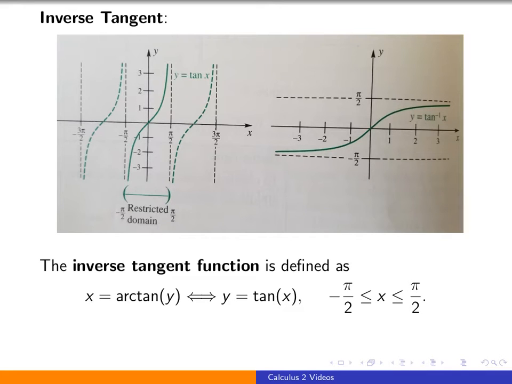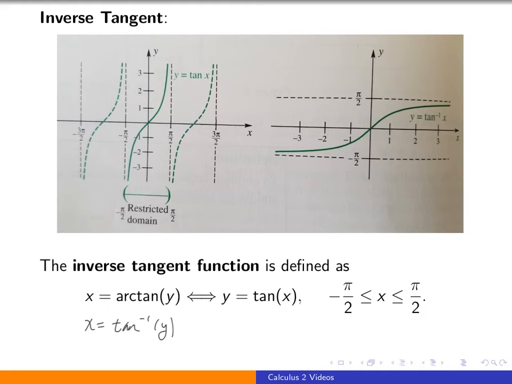Similarly, we can think of the inverse tangent function. For the inverse tangent, once again, we need to somehow restrict the domain of the tangent function so that it is one to one, or passes a horizontal line test. If we look between minus pi over 2 and pi over 2, it will. And we can once again define the inverse function. So we can think x equals arctangent, or tangent to the minus 1, is equivalent to y equaling tangent of x with the suitable restriction.